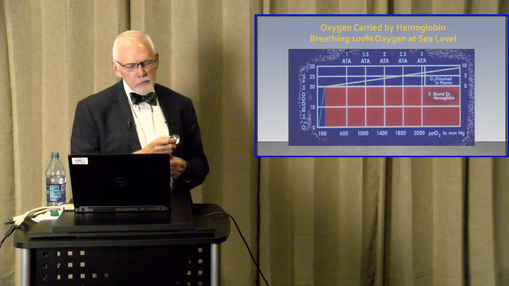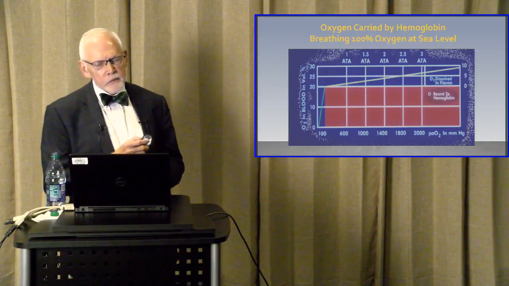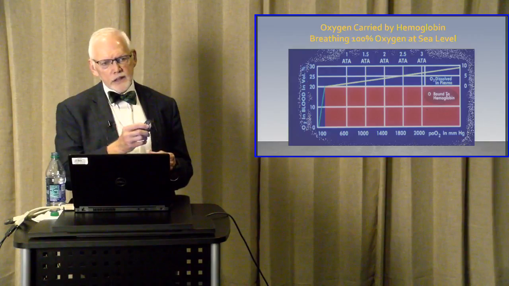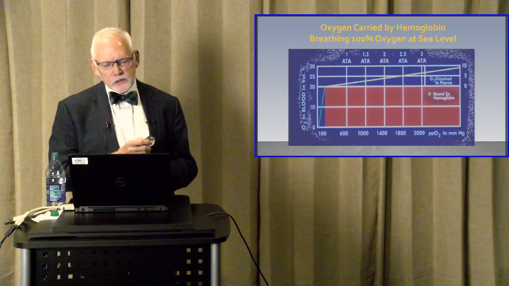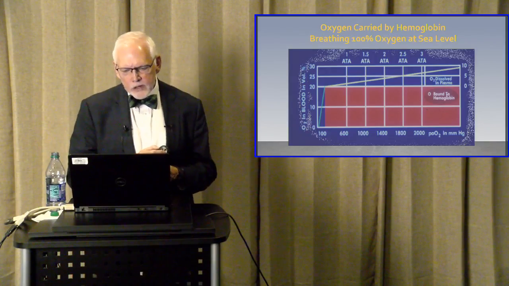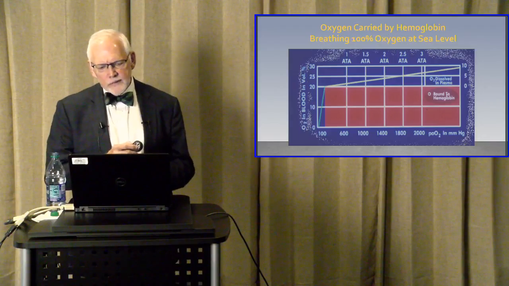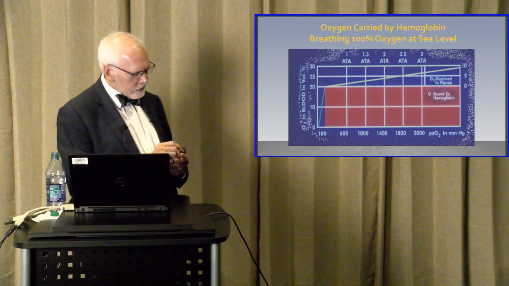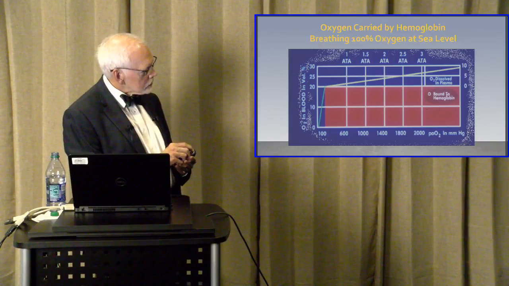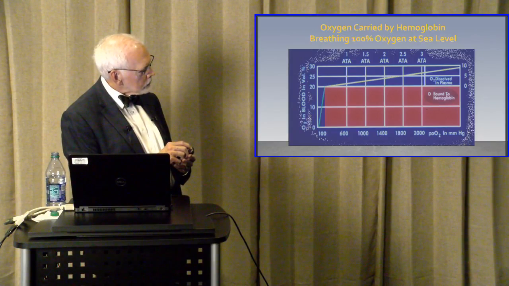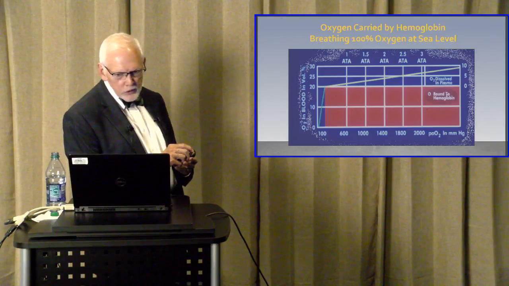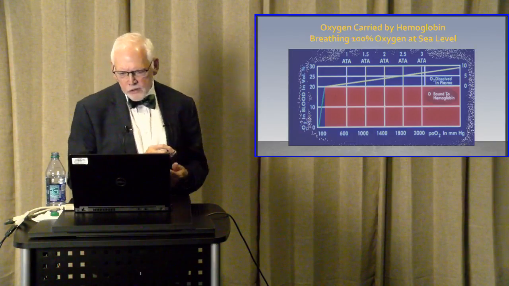There are also multi-place chambers, big enough for several people to sit in chairs or on benches in the chamber, and you can increase the pressure. This particular illustration shows going from 1 atmosphere absolute up to 3 atmospheres absolute.